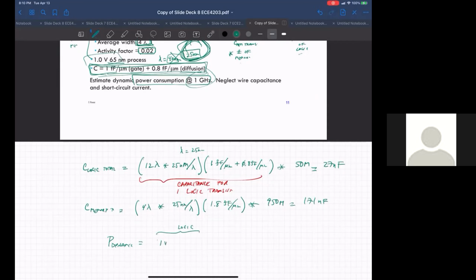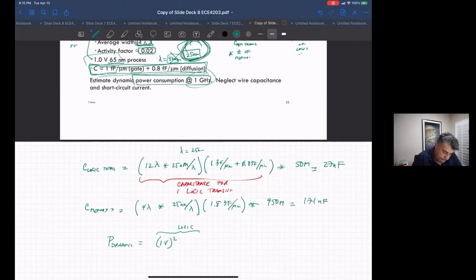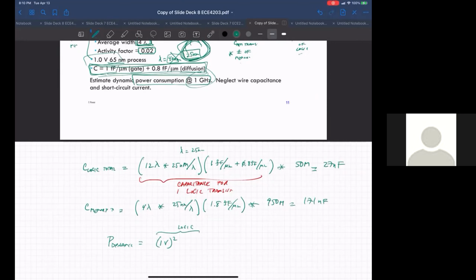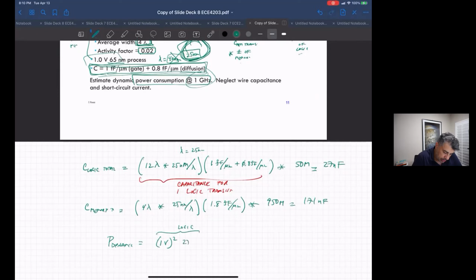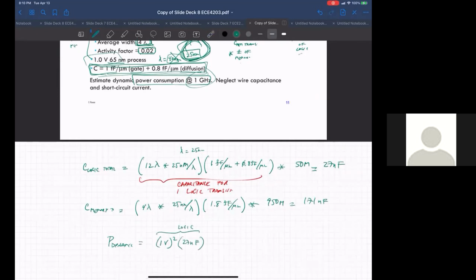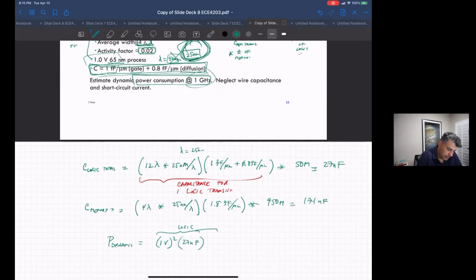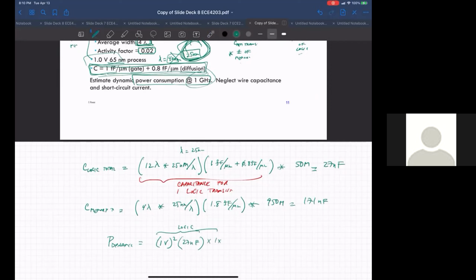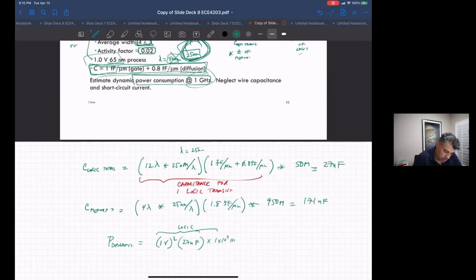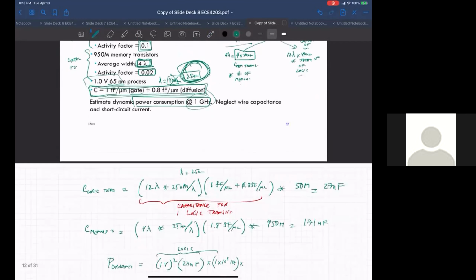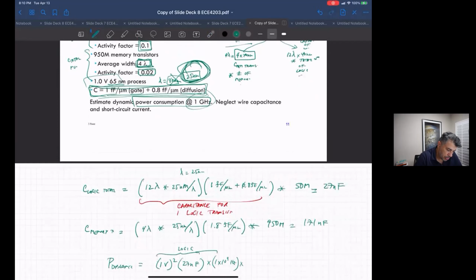So we have 1 squared times 27 nanofarads, and then times the switching frequency, 1 gigahertz, which is 10 to the 9 hertz, times the activity factor, 0.1. Correct.